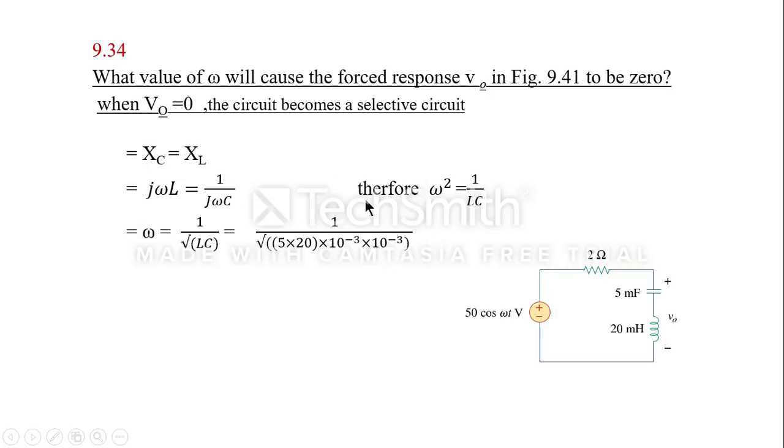Now, omega is equal to 1 by root of LC. We are substituting the values of L and C, which are 20 into 10 power minus 3 and 5 into 10 power minus 3. We get 1 by root of 10 power minus 2. So we get omega as 100 radians per second.